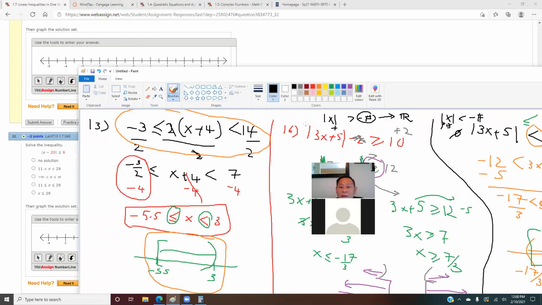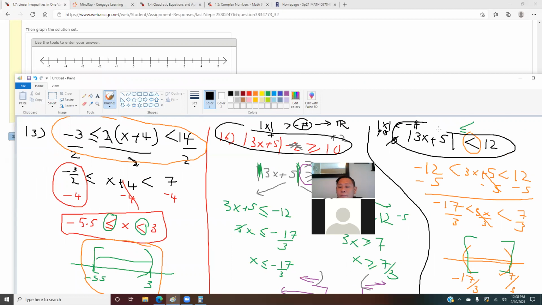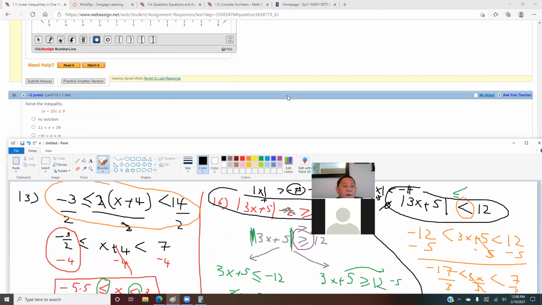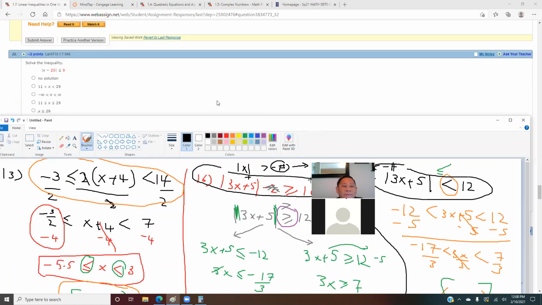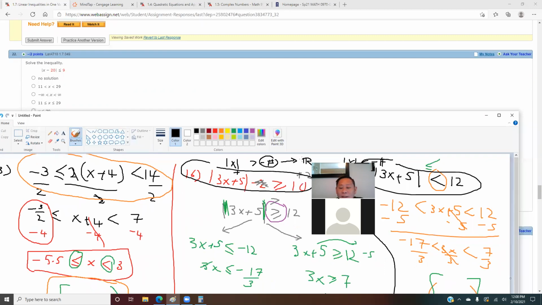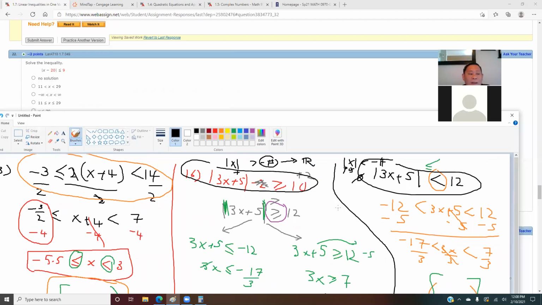Is that this type or the other type? The middle one or right one? The middle one? What's the inequality sign here? Is that less than or is that greater than? It's less than or equal to 9.